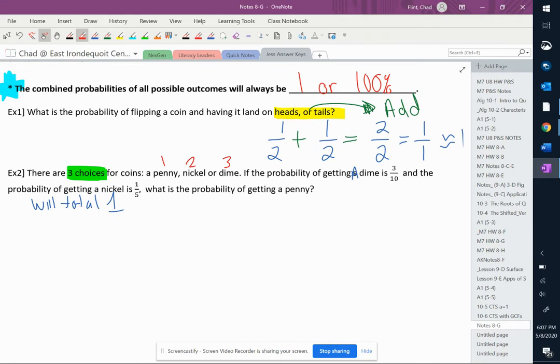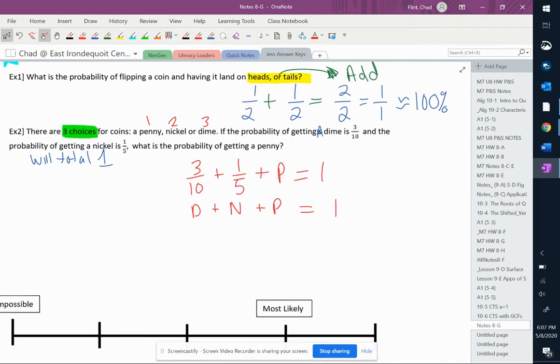So they tell me the probability of a dime is 3/10. The probability of a nickel is 1/5. And the probability of the penny is what I don't know. So that's what I'm going to keep as my variable, my p for penny this time. Knowing what I know about fractions, in order to add them together, I need common denominators.